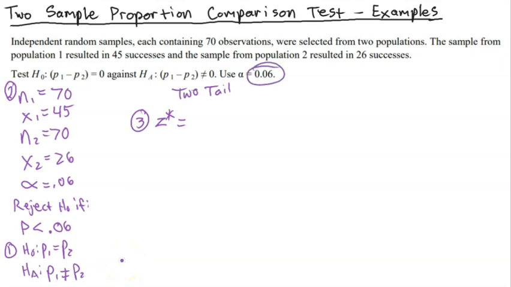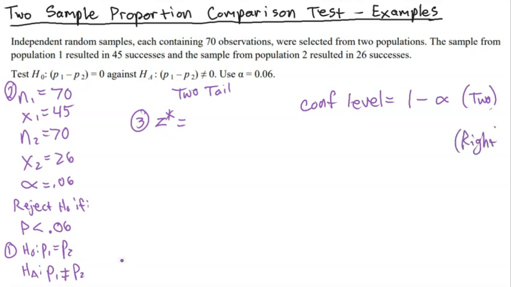Well, if the alpha is 0.06, the confidence level is equal to 1 minus alpha. Now that's only for a two-tail test, okay? If it's a right tail test, then it's actually 1 minus 2 alpha.